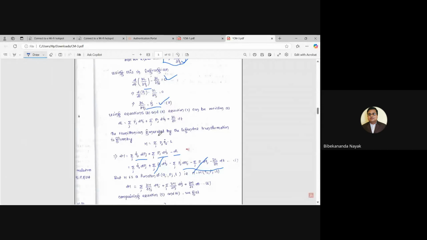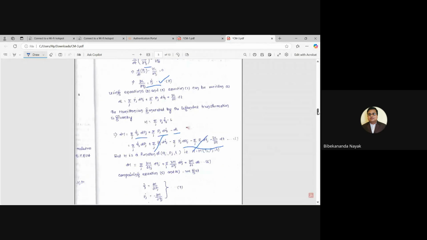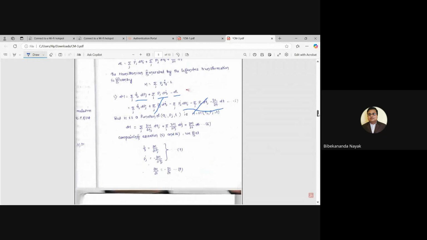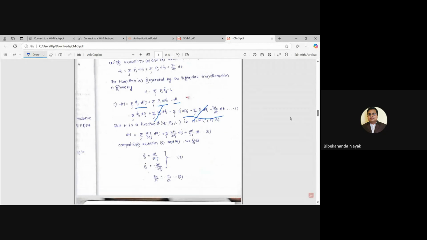Comparing these two equations, we got dH is equal to del H by del qj dqj plus del H by del pj dpj plus del H by del t dt.